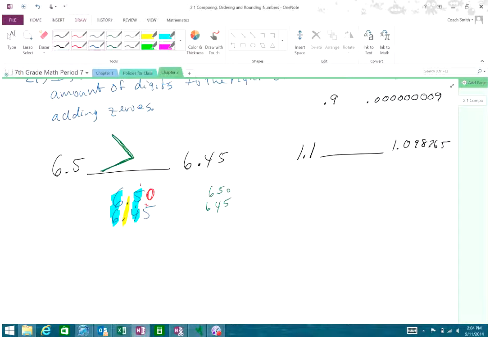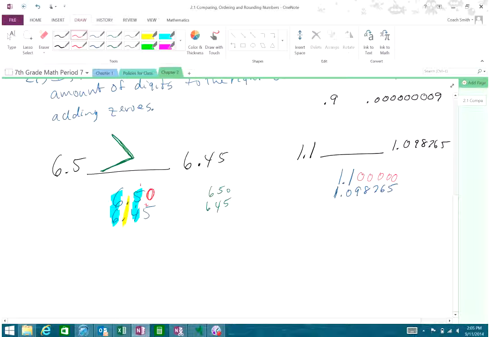So if we look at this one here that I did, 1.1, and then I'll line up the other number, 1.098765. Now, if I add the same amount of digits to each number, that means I have to add zeros here.